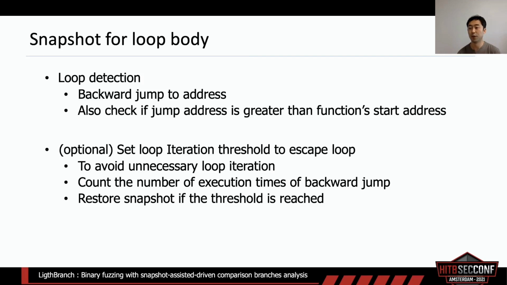So in order to avoid unnecessary analysis inside the loop, Lightbranch provides a specific option. It's the loop iteration threshold. For this, it counts the number of execution times of the backward jump. If the max loop iteration threshold is reached, we no longer save the snapshot and restore it to escape the loop.